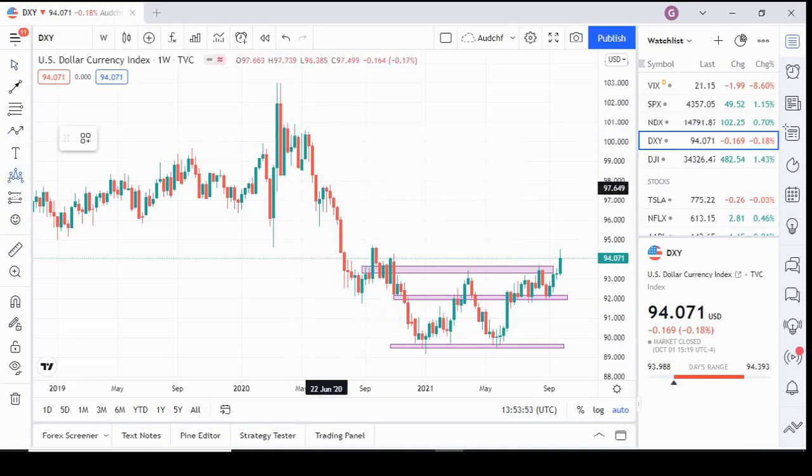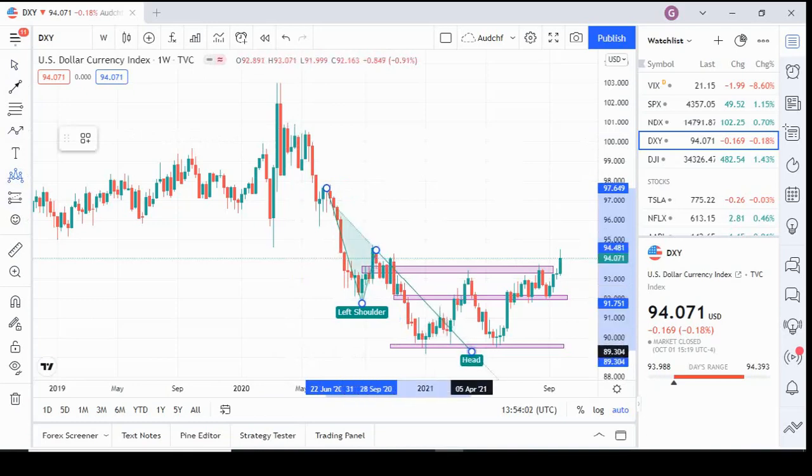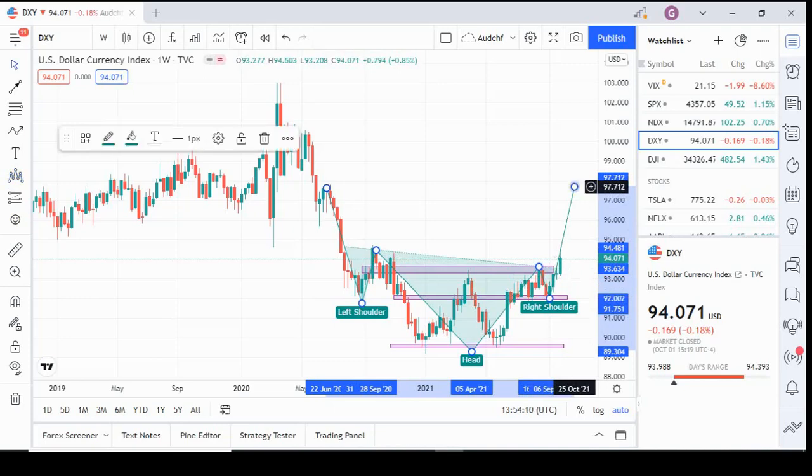I'm seeing this right here. This will be our head. I'll come back to here. This will create our right shoulder. Then we'll go up like that. And currently we are at our neckline. Then we'll be going in for the kill. Number one, that's what we're seeing.